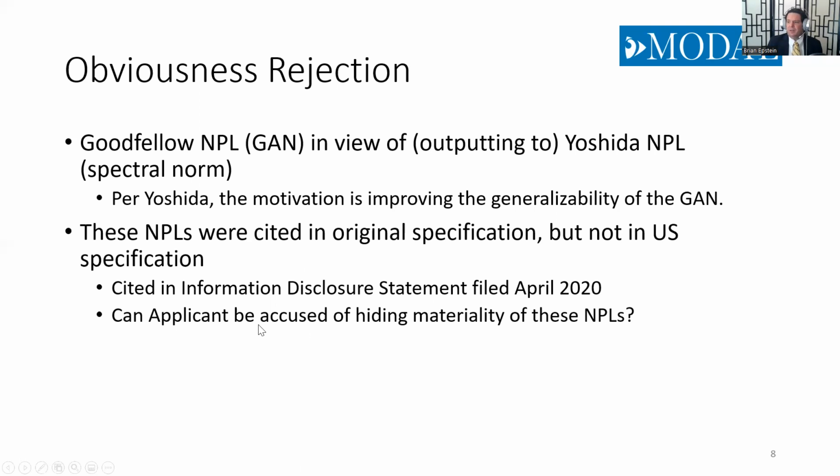But there's a question of whether the applicant can be accused of hiding the materiality of these NPLs. The specification here is a little bit different. We don't have whatever text in the specification that describes these references. The references are in front of the PTO, but the applicant's characterization and beliefs about these references are not before the USPTO. So there's still a little concern.